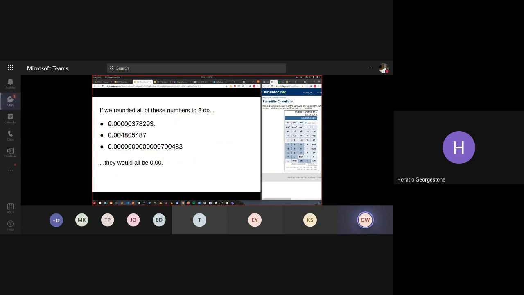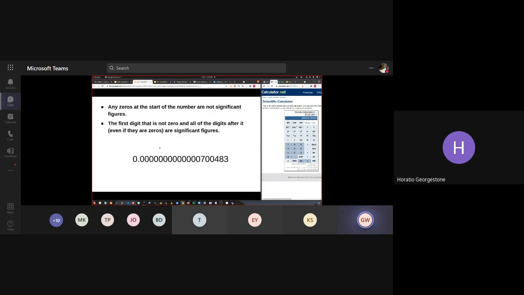The reason is because they have lots of zeros at the beginning, and rounding to 2 decimal places isn't a good method then. It also isn't a good method for really big numbers, like if you had 100,000 and 500,000 and rounded them to 2 decimal places, that's probably more precision than you're going to need in most situations. So instead we use what are called significant figures.